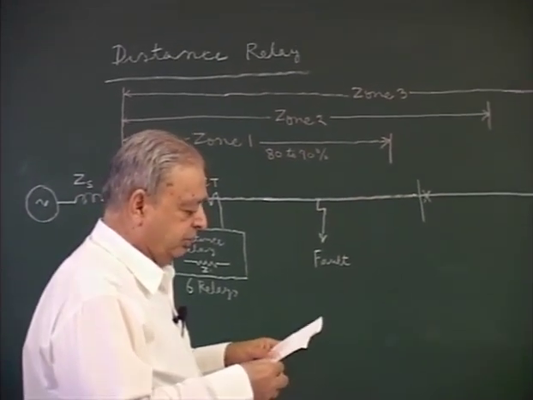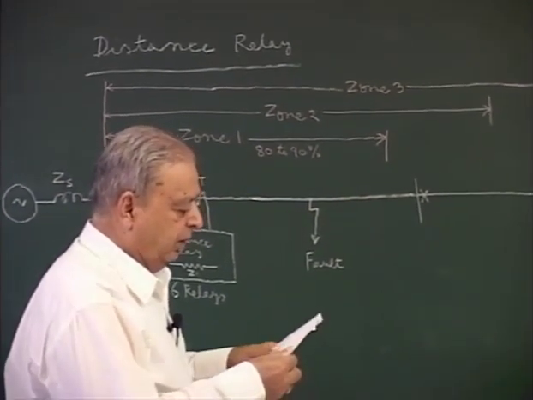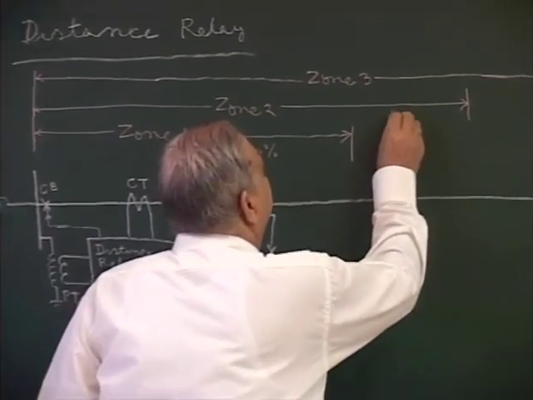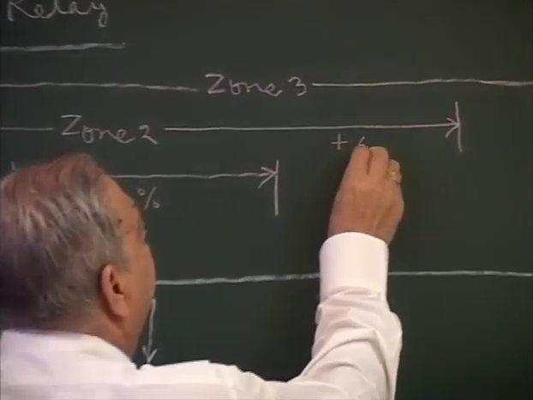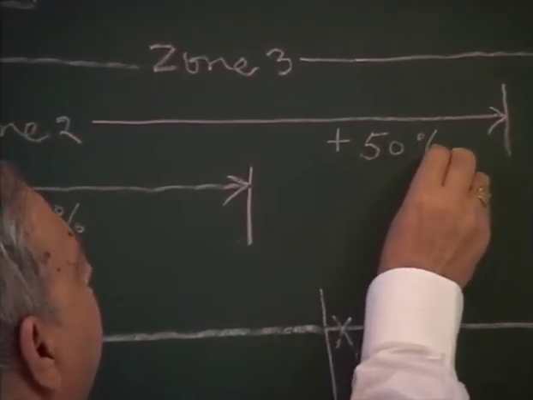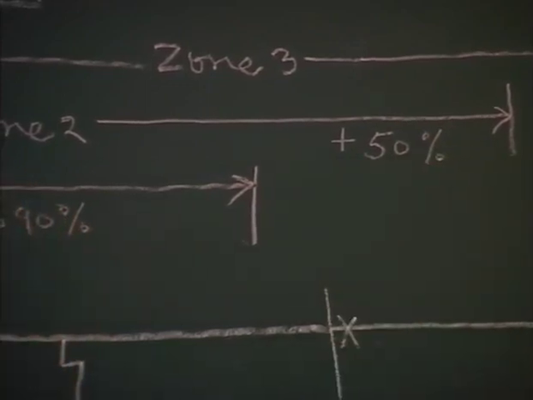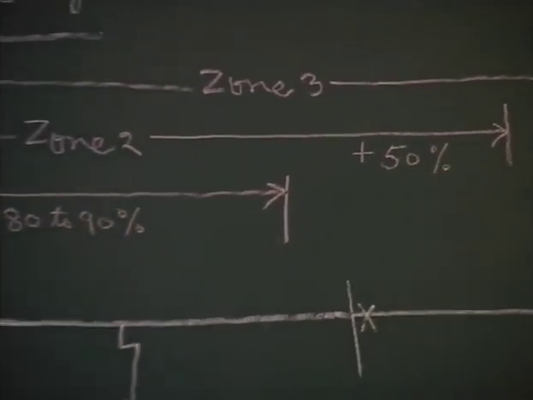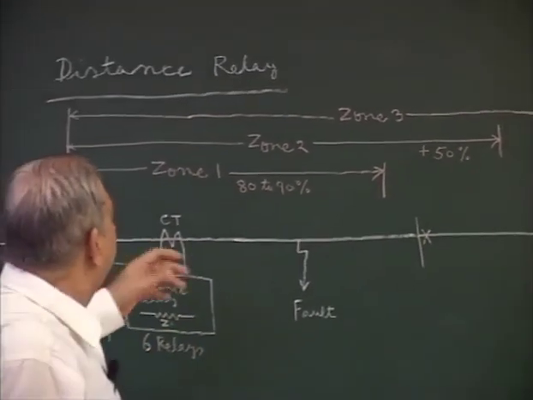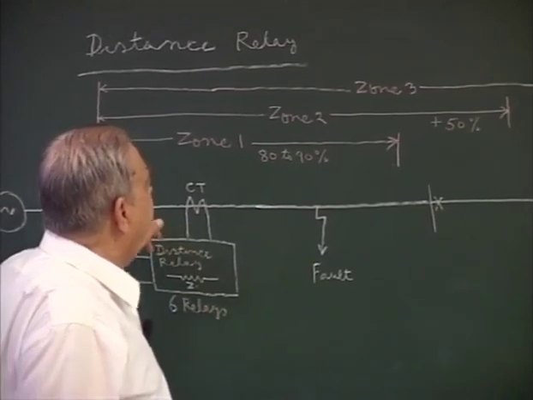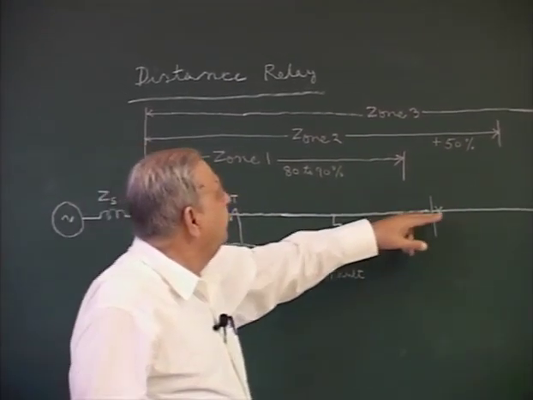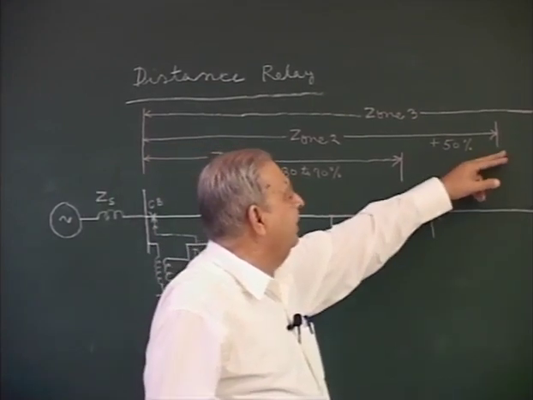And zone 2 is 100% of the first line plus 50% of the second line. Means this ZR will be reset by the timer such that the ZR is corresponding to 100% of the first line and plus 50% of the second line.